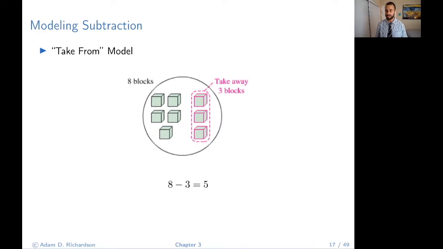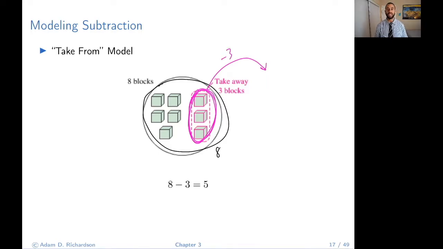So this is a perfect representation of 8 minus 3 and how that's equal to 5. I would actually put it in a second step, but it's not terrible. Notice here in the big circle, the circle that's in black right here, we've got the quantity 8. And what we're going to do is reach into that quantity and select 3 of those blocks and pull them out.